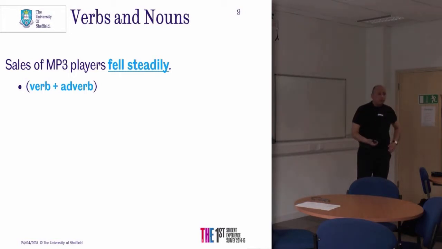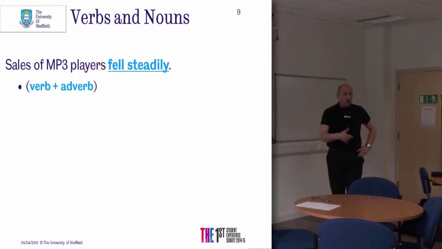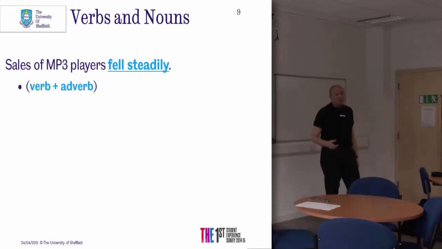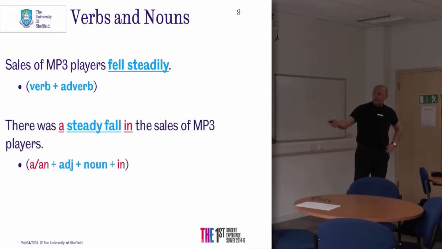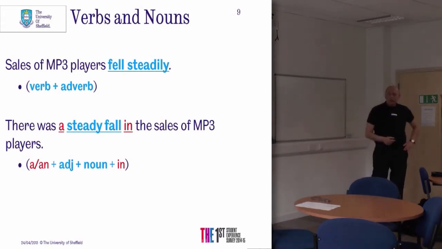To show people that we understand about word formation and manipulating the language, we can change the word class of these words. So rather than using a verb and an adverb, we could use an adjective and a noun. They mean exactly the same, but you can see instead of steadily as an adverb, we've changed it to steady as an adjective. We've introduced the article a because this is a singular countable noun.